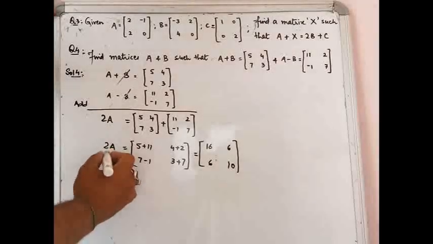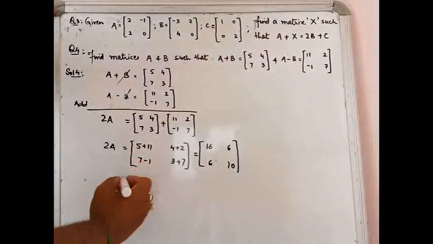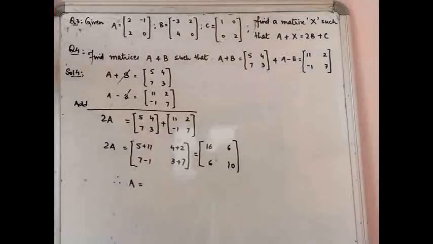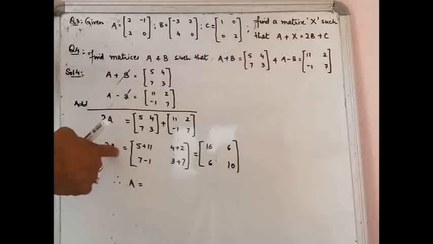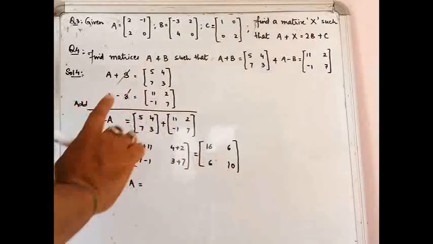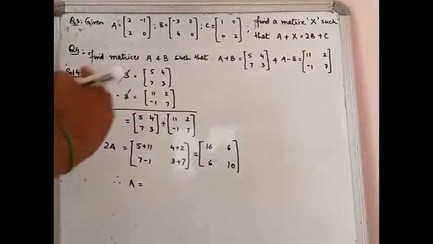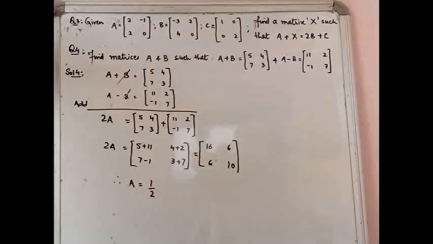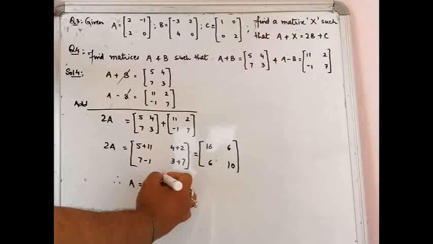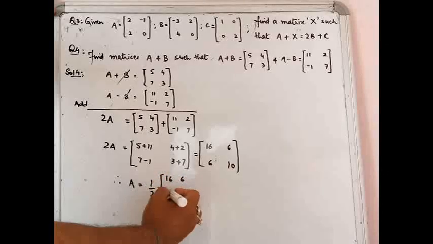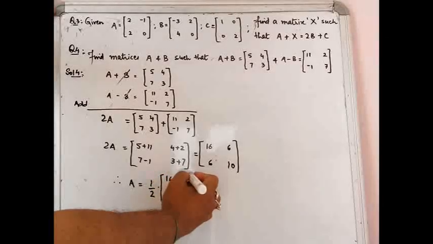So 2 times matrix A is this. Therefore, your matrix A: this 2 is a scalar number which is multiplying matrix A on the left side. So when it goes to the right hand side, it will divide on the other side, becoming 1 by 2 on the right hand side, and then we have the matrix 16, 6, 6 and 10.